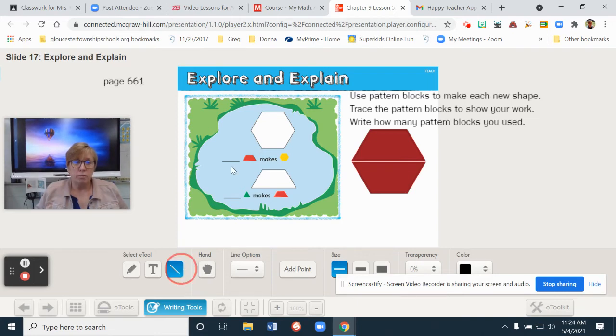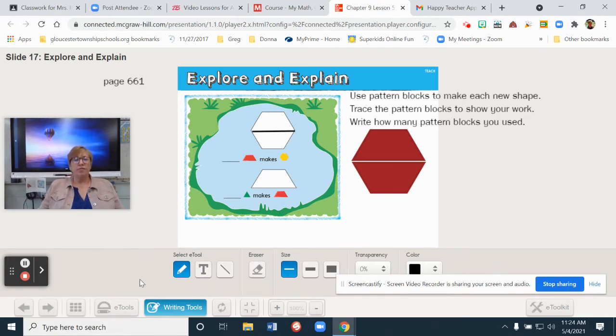For instance, I could go from here to here. Notice how they look very much like these two. I know my line's not perfectly straight, but it still gives us the idea. So before I continue with the next one, I'm going to say I used 2 pattern blocks. 2 trapezoids make a hexagon.